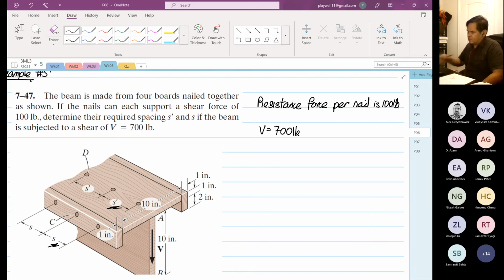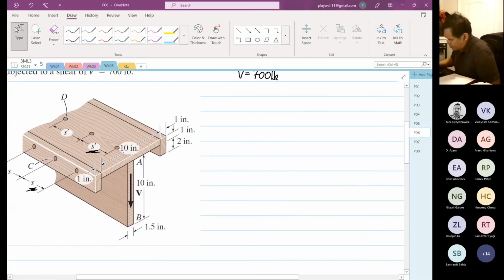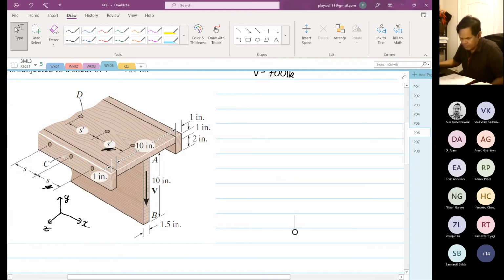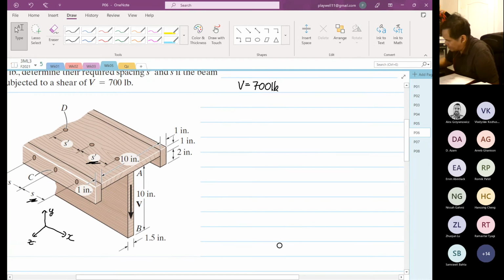Okay. So now I'm going to draw. So this is our X, Y, Z. Before I go on, I will declare the second moment of area. I'm not going to find this, I'm just going to write this out.